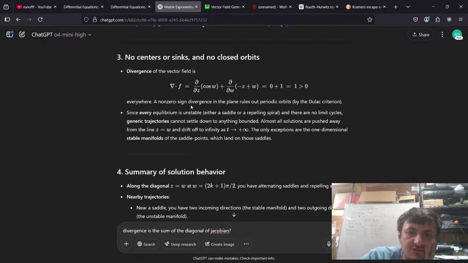A non-zero sign divergence in the plane. Is this for a point? This is for a point, right?